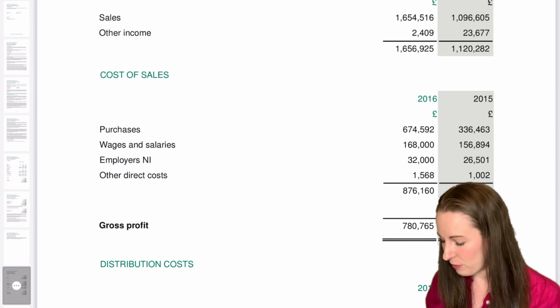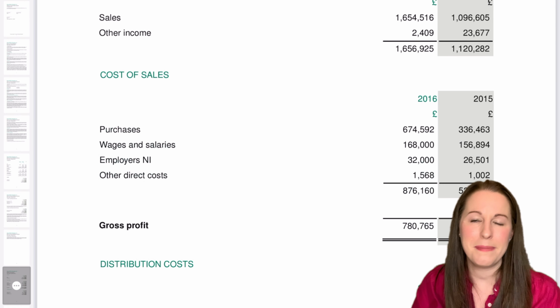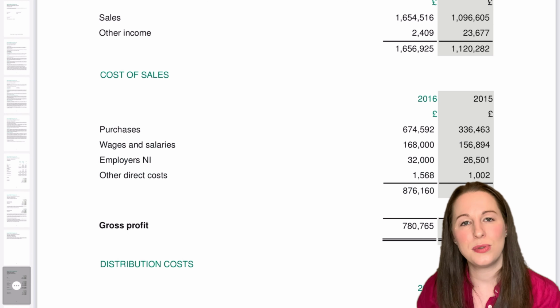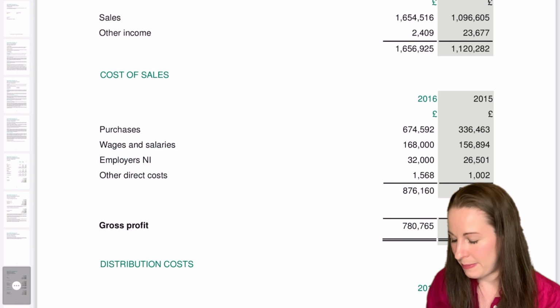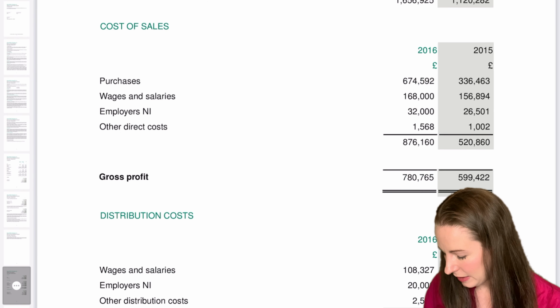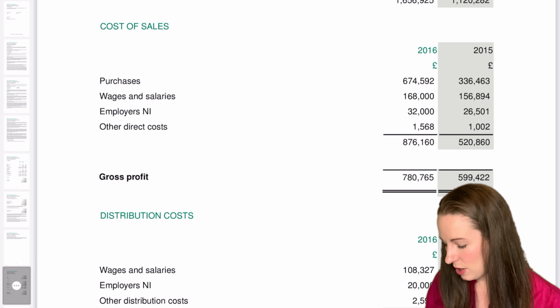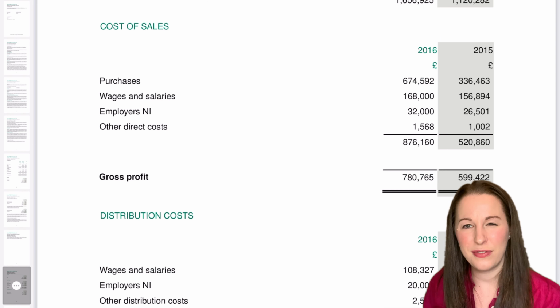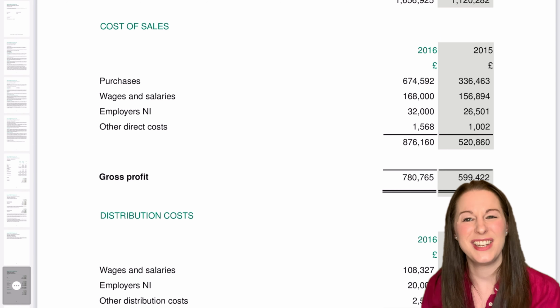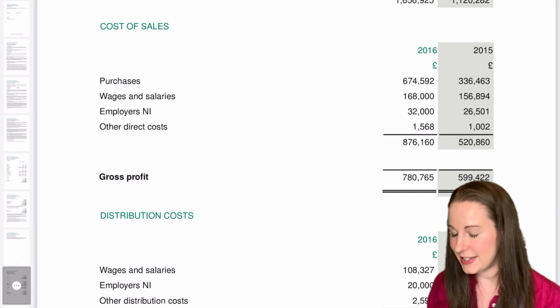Then we've got cost of sales, which for us would probably be things like our energy costs, maybe our council tax, and our management fees. All those things would come together to make the cost of sales. We've then got other costs, which is like our overhead. If we've got a director's salary, it's probably going to come down into this section.